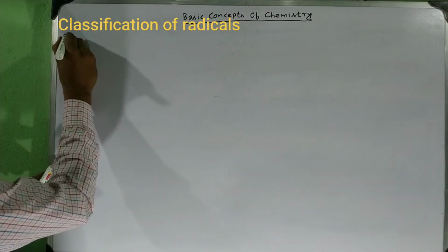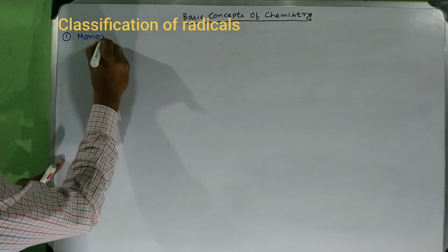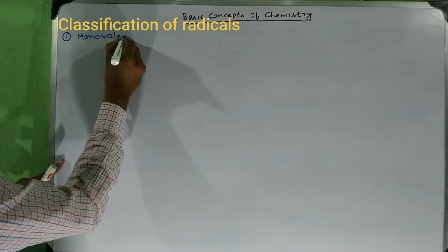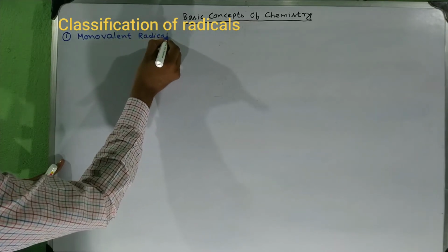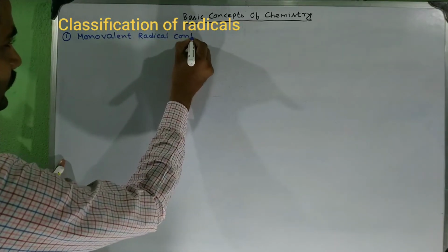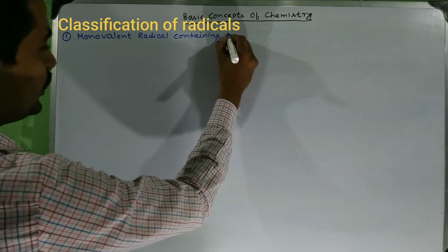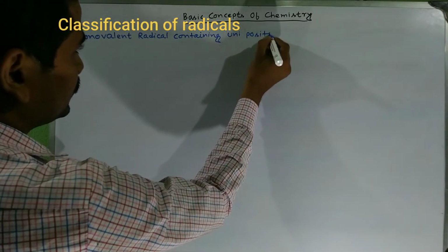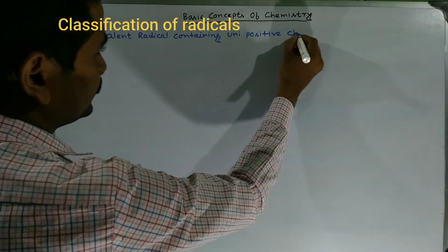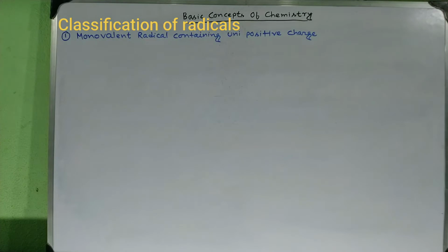Number 1, monovalent radical containing unipositive charge. What I say: a monovalent radical having a unipositive charge.